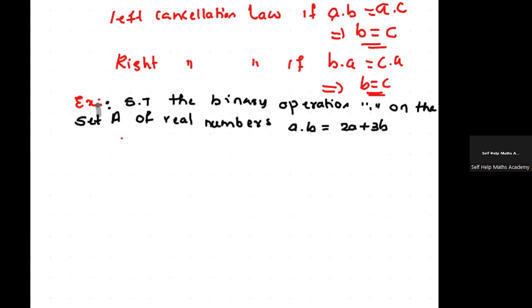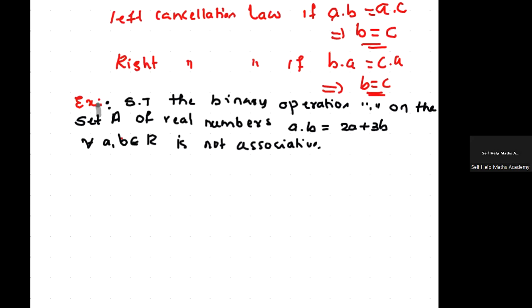This is true for all A, B belongs to R, is not associative. So they ask us to show that the given binary operation is not associative.